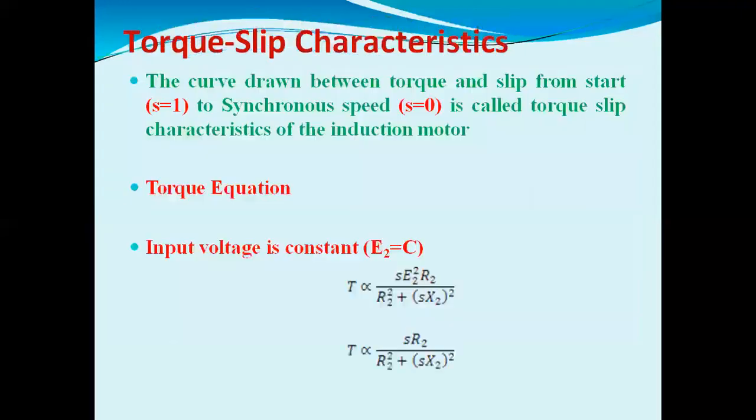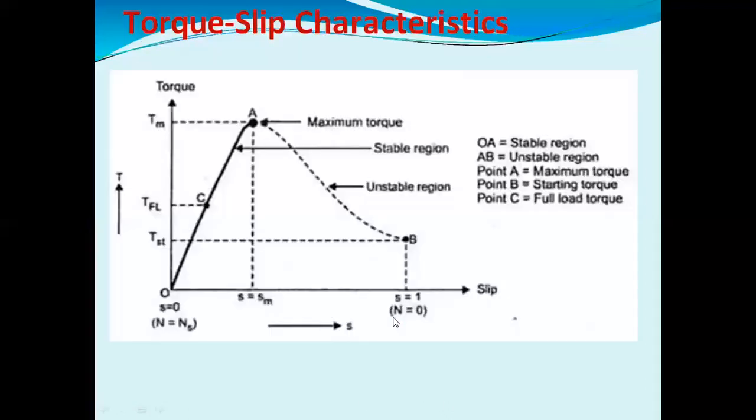From that particular torque equation, we obtain the torque slip characteristics. So that is the y equal to mx graph from O to A, and this is called the stable region OA for the low value of the slip.